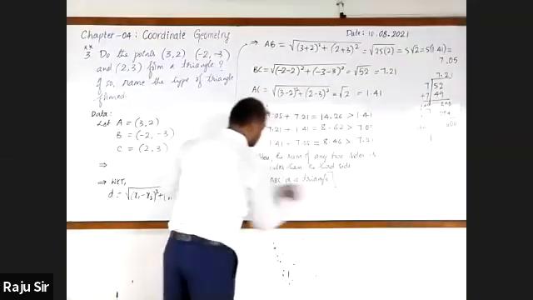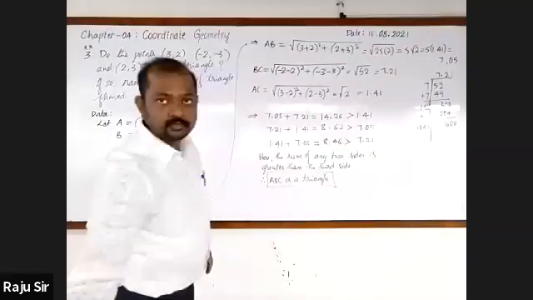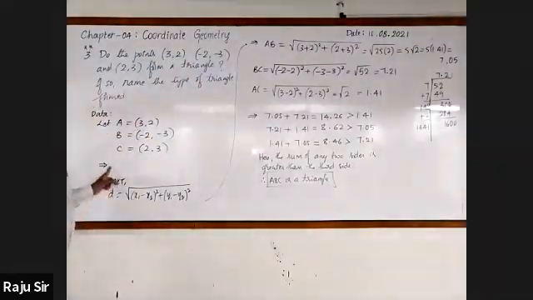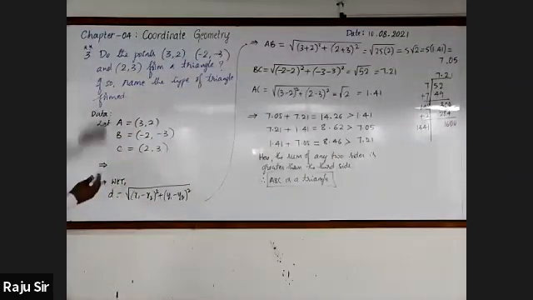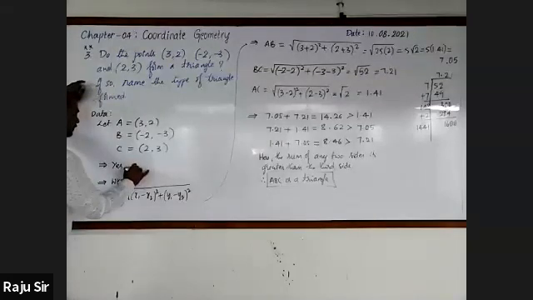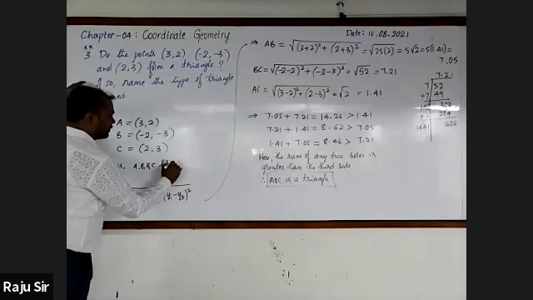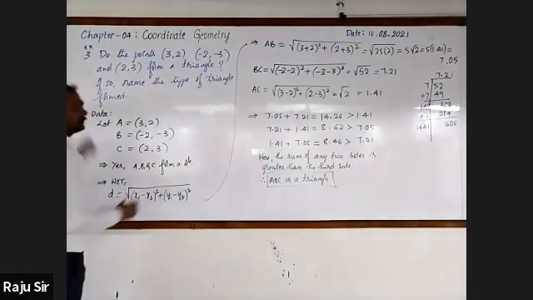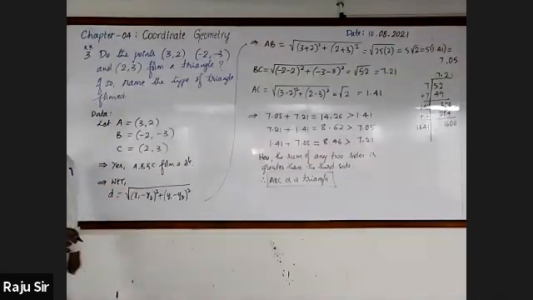ABC is a triangle. So here you had left the gap very well. Yes or no question? Yes. A, B, and C form a triangle. We are giving an explanation for it.